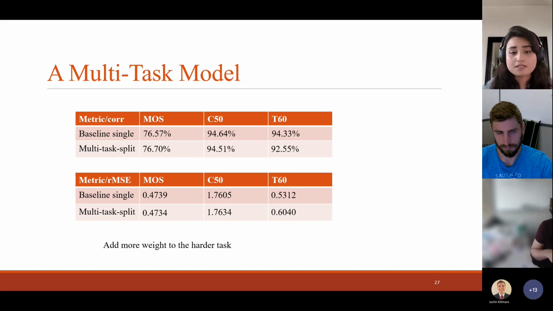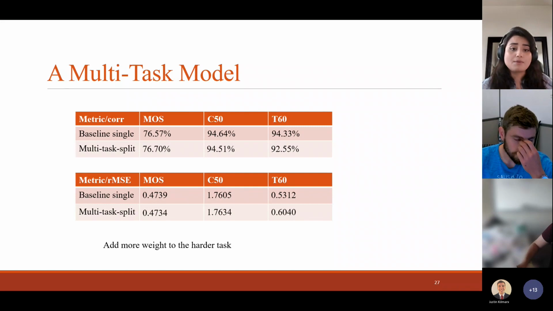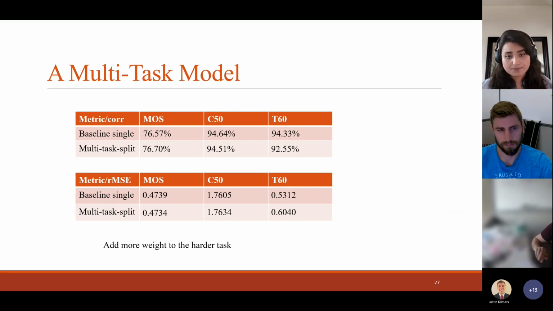We did not optimize this weight, but maybe with optimizing it, we could get a similar performance to the baseline model using this weighting. We also tried some automatic weighting loss functions, which I did not include in this presentation since we did not get any promising results.